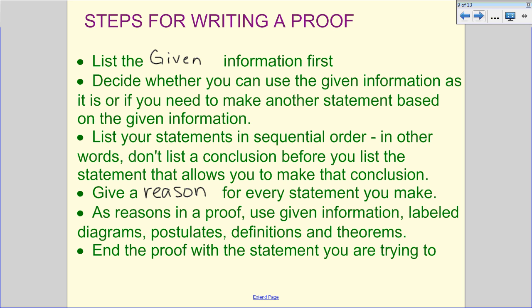We use postulates, we use definitions, and we use theorems. So you're going to see that reflexive property. We use our properties as reasonings also. And then we end the proof with the statement that we are trying to prove. So we end our proof saying that these two triangles are congruent. And that's often going to be what our proofs are about in this chapter.